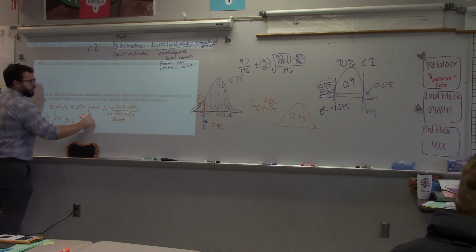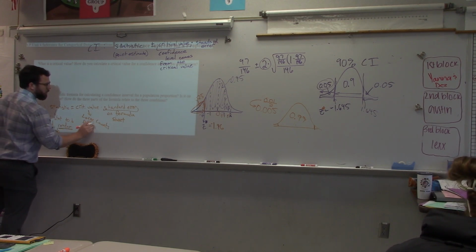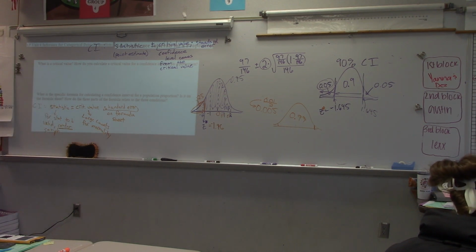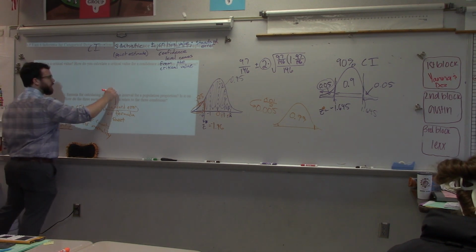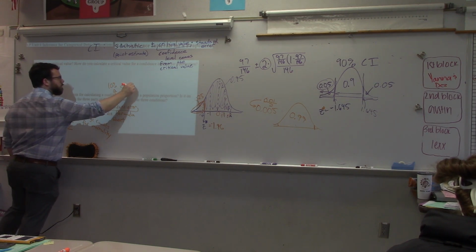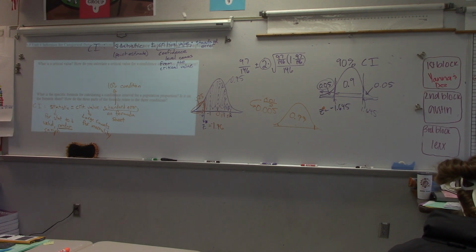Large counts, for normality. Now remember, large counts only works for what type of statistic? Proportions. And then what condition is there for standard error? 10%. The 10% condition is for standard error. So we have to have all three conditions met to be able to use the confidence interval formula.